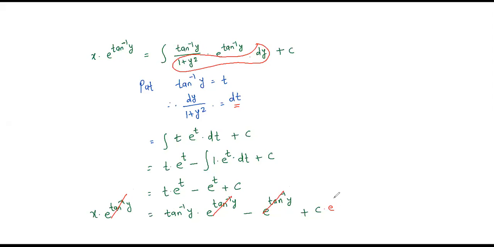The final solution will be x equals tan inverse y minus 1 plus c times e to the power minus tan inverse y. So this will be your final answer.